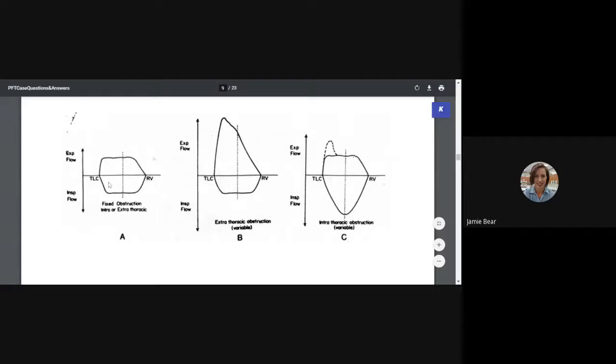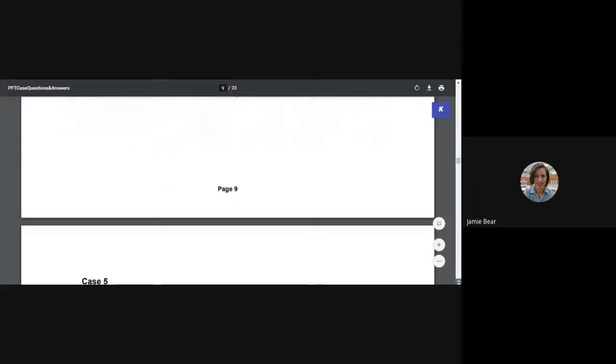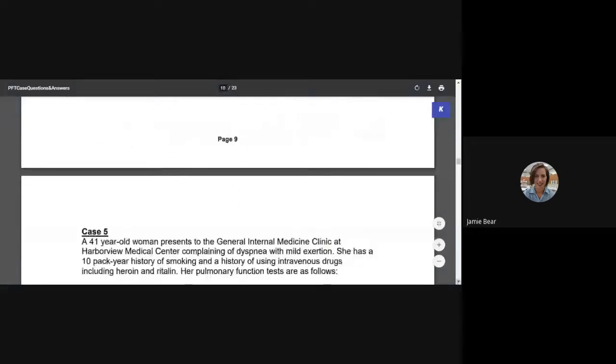Okay, and so the flow volume loop would look something like this. So that's just a good indicator that the values can give you a pattern, but with patients' history, it can make a lot more sense for diagnosing what the pattern really is, or what the diagnosis is.